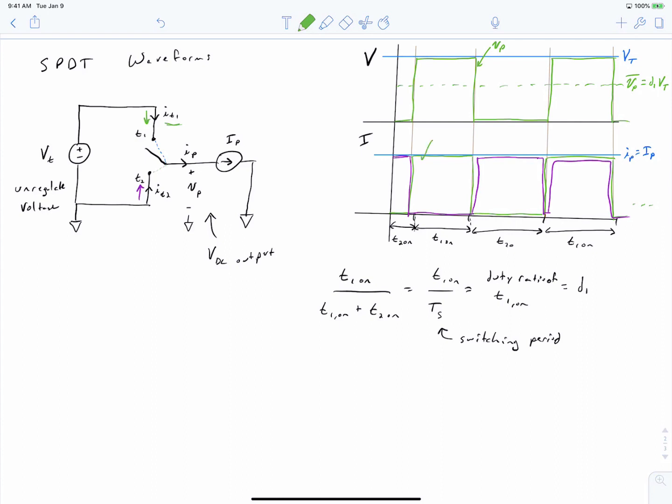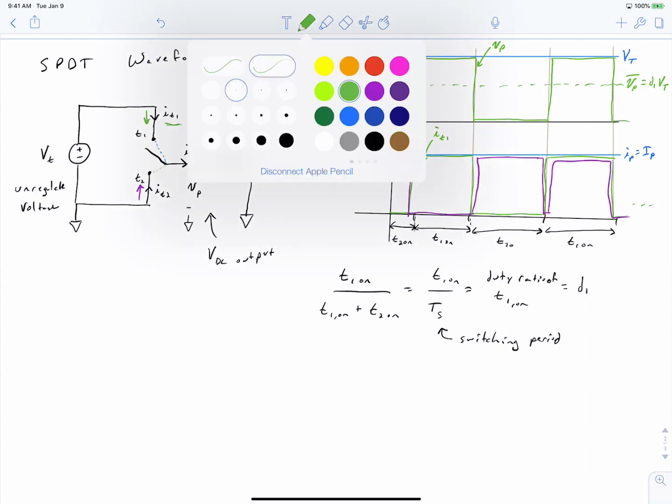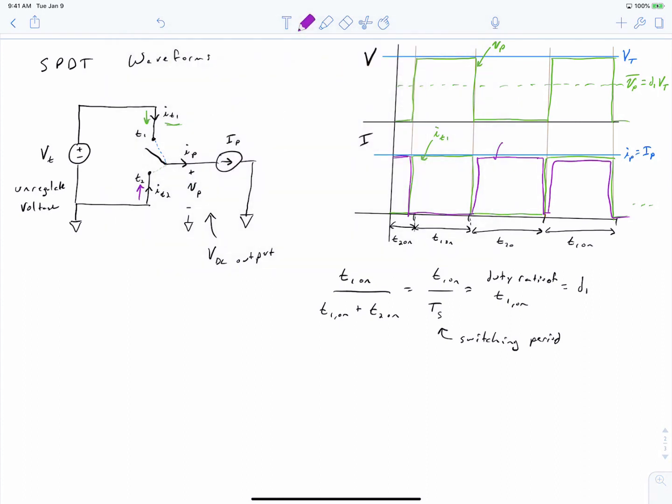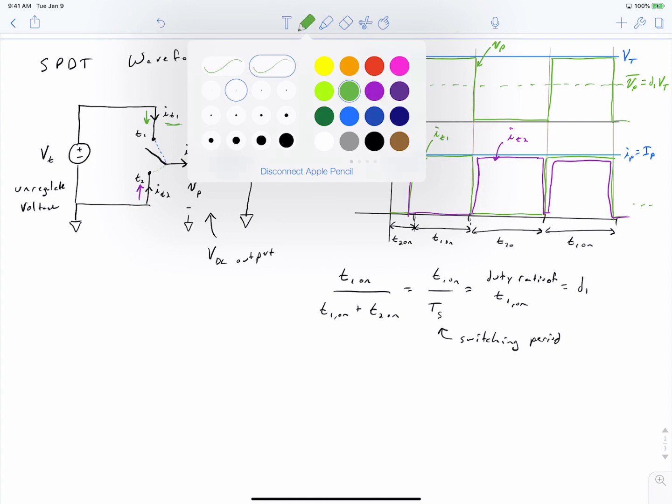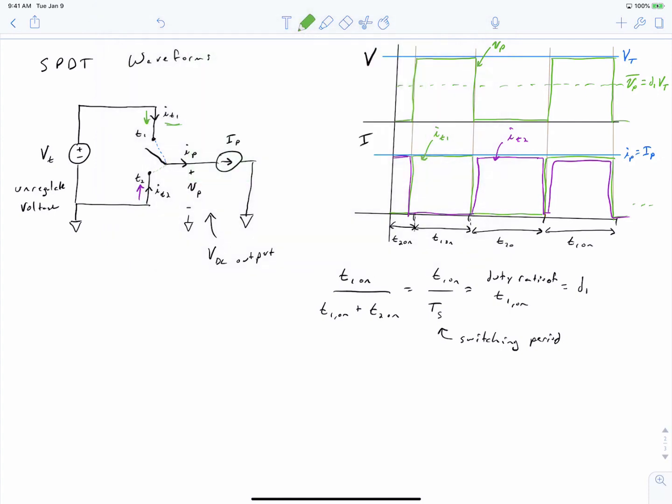So in green here, we had our throw 1 current, and in purple we had our throw 2 current. So similar to the voltage, the throw 1 current is the output current when throw 1 is on, and it's 0 when throw 2 is on, which means that we'll have the same average value relationship to the pole current as our pole voltage did to the throw voltage.